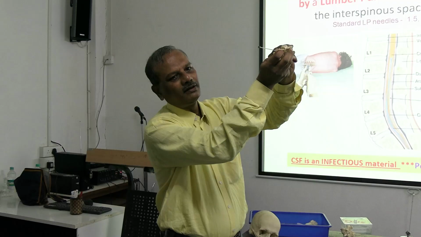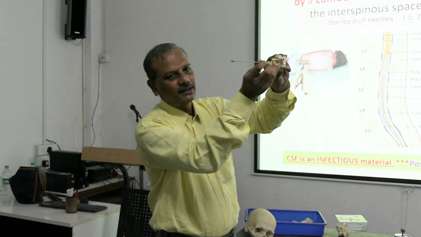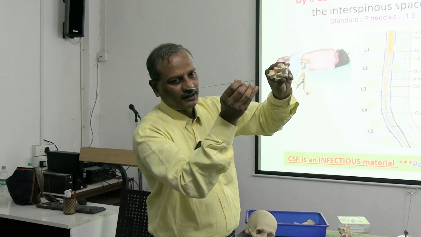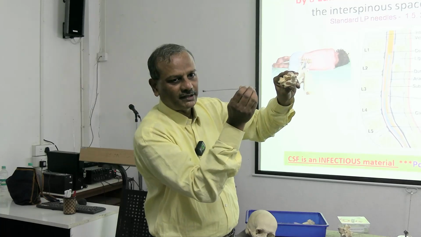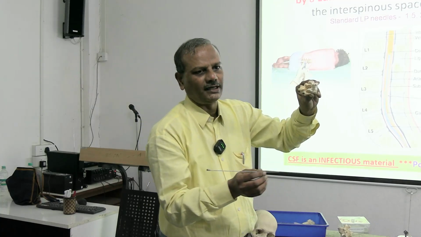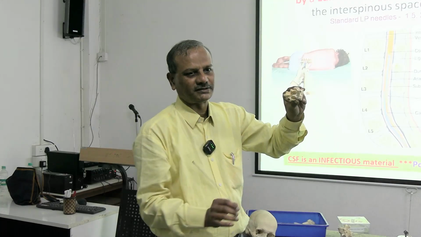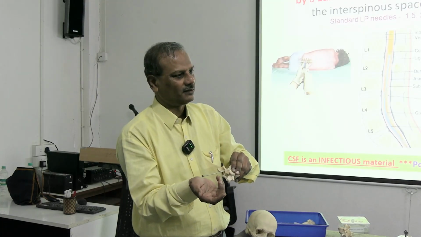The moment you put the needle inside the skin, you find a resistance. The resistance will remain. Suddenly it will go into the intervertebral ligament space. Again there will be resistance. It will suddenly give way. That means it is piercing the dura mater and is in the subarachnoid space. Now it is in the fluid, and the fluid will start coming from the other side of it.